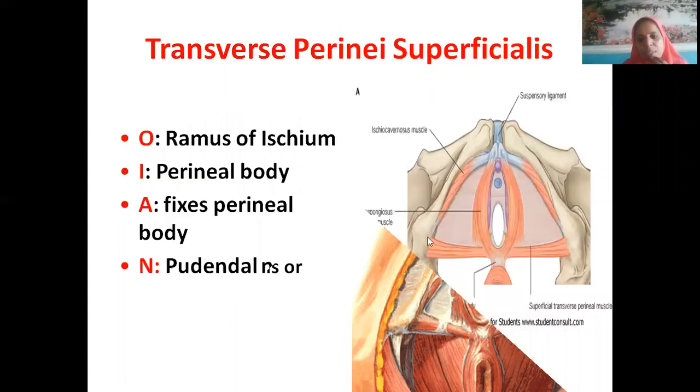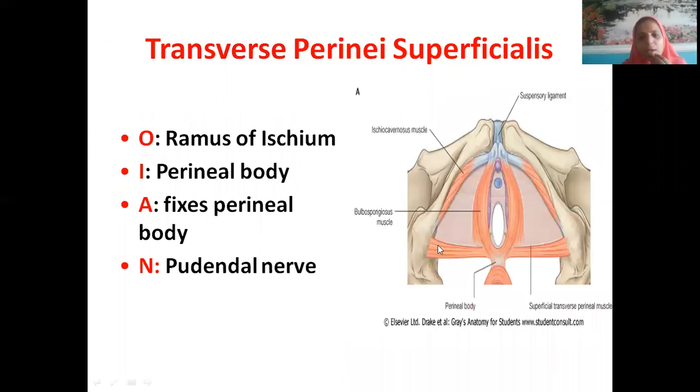Okay, now coming to this muscle. What is the name of this muscle? Superficial perineal muscle. Very good. Superficial transversus perineae, also called transversus perineae superficialis. Now, from this picture you can make out it is originating from the ramus of the ischium. The insertion point is this interlacing point.